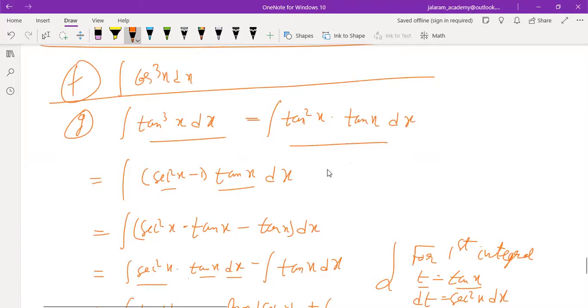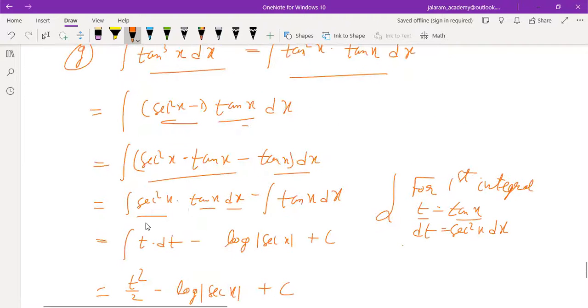Hope you have understood this integration of tan cube x. First we change it to sec square x minus 1 into tan x, then multiply and separate them. To integrate sec square x tan x, we take t equals tan x, dt equals sec square x dx.